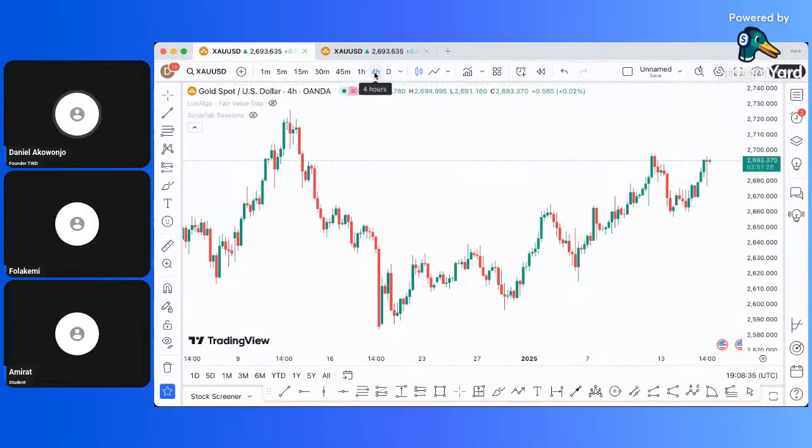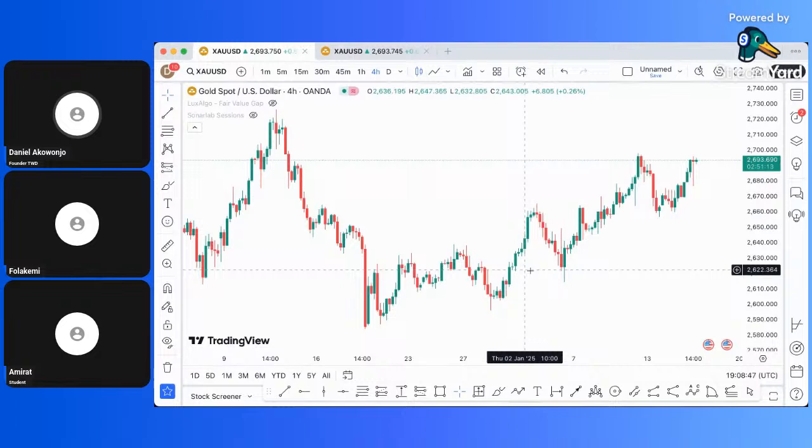The 4-hour time frame, for day traders like me, is just to see the overall trend of the market. Does that make sense? Having understood the overall trend of the market, we can then focus on understanding and developing our bias.